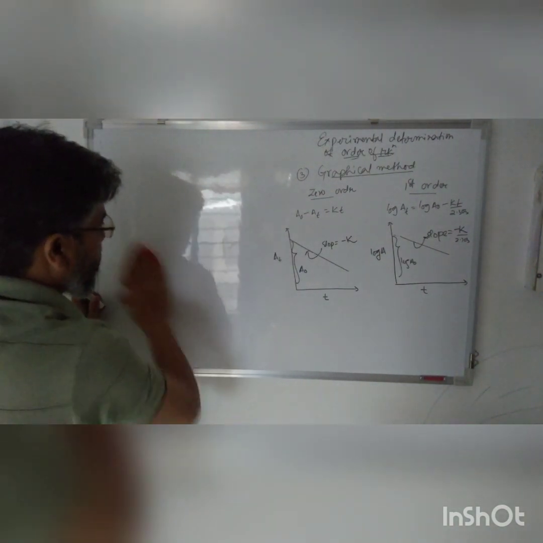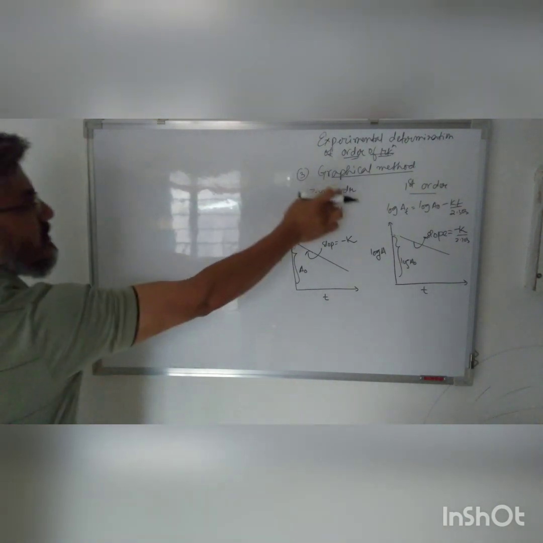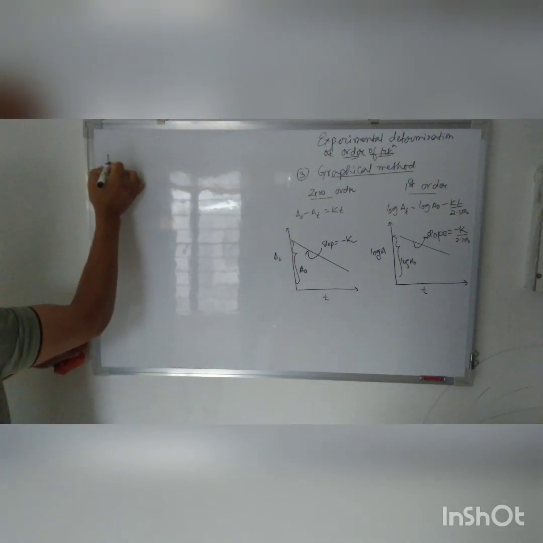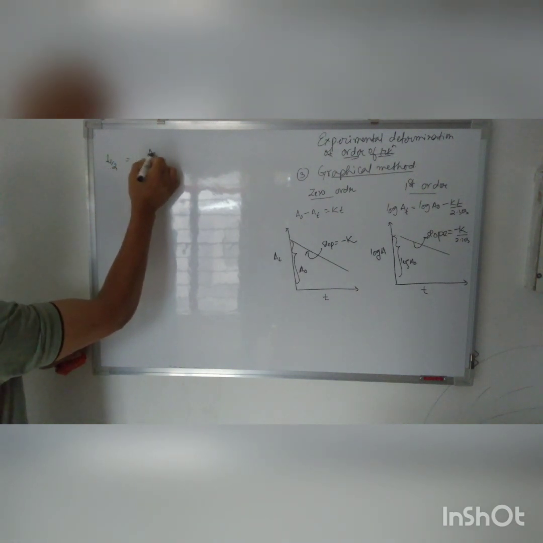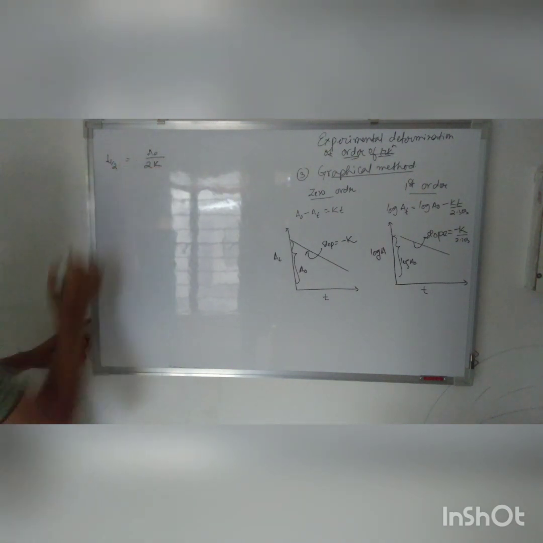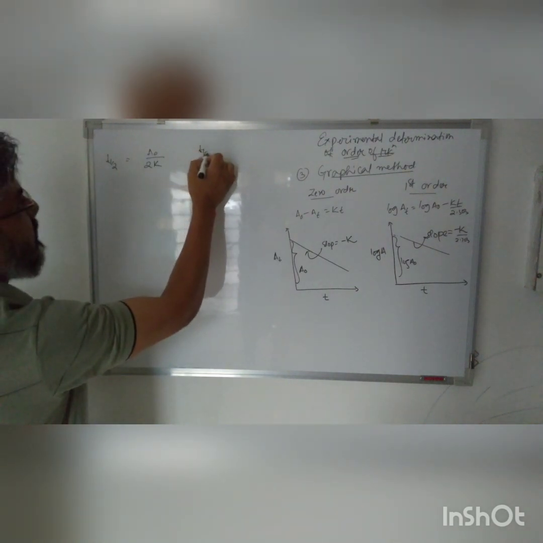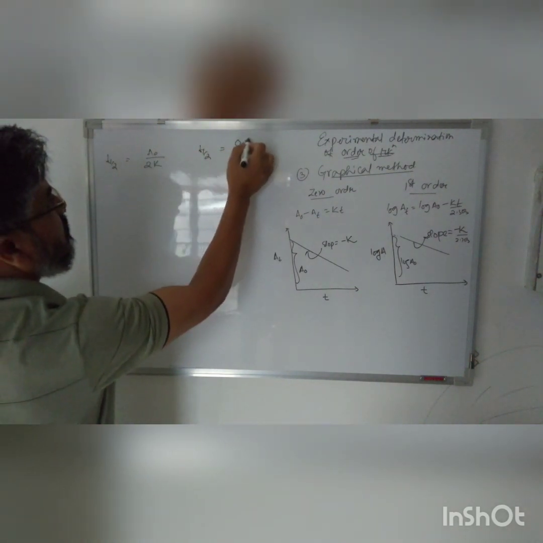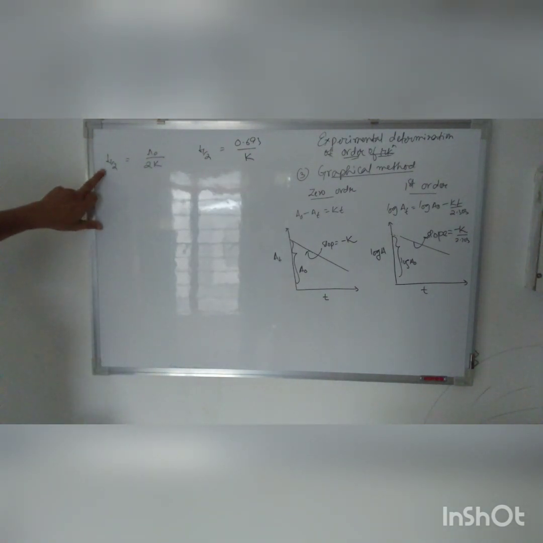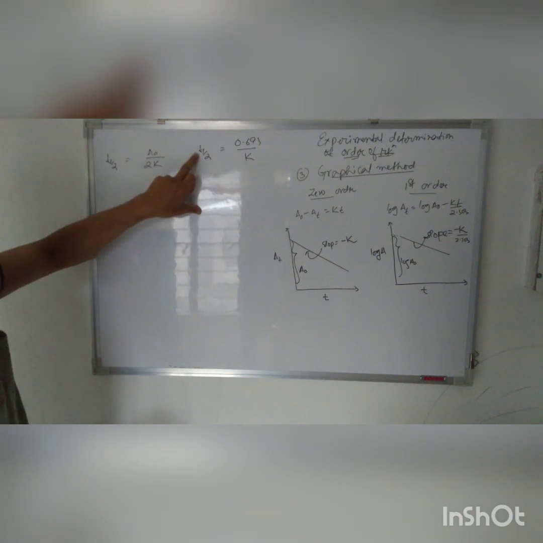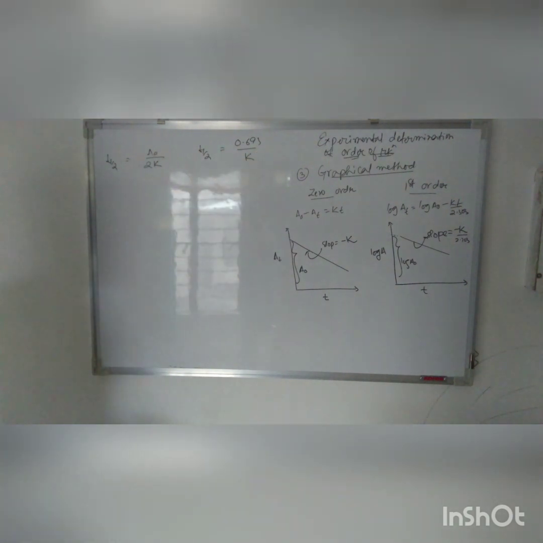We can also use half-life. Half-life of zero order reaction is A naught by 2 times k, whereas half-life of first order reaction is 0.693 by k. So half-life of zero order reaction is directly proportional to initial concentration, whereas half-life of the first order reaction is independent of the concentration.